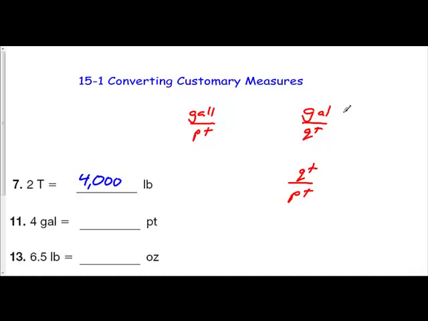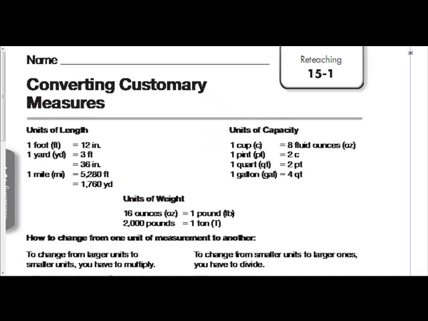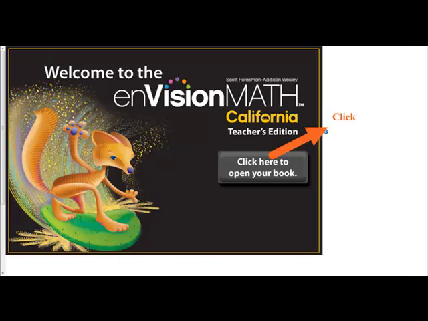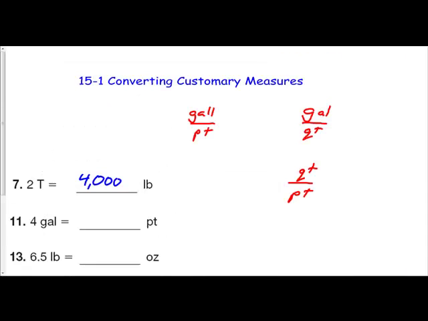Let's be sure to check that we have it correct. I have 2 pints in 1 quart and 4 quarts in 1 gallon.